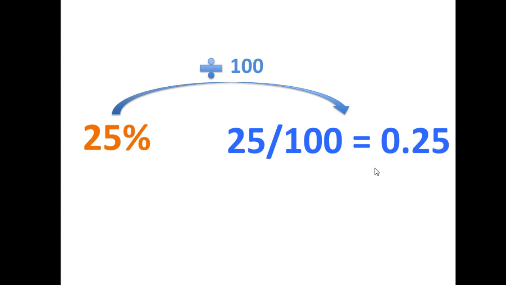Clear? Any example you can take, there can be numerous examples. So the simple rule is, when you need a percentage symbol, you have to multiply by 100, and when you don't want it, you want to remove that, you have to divide by 100.